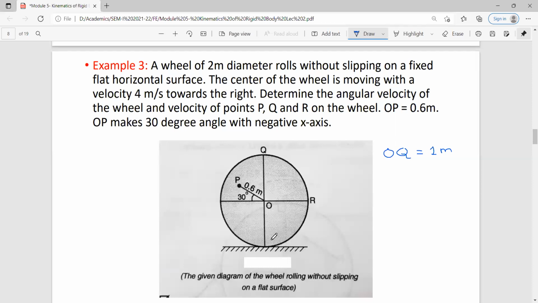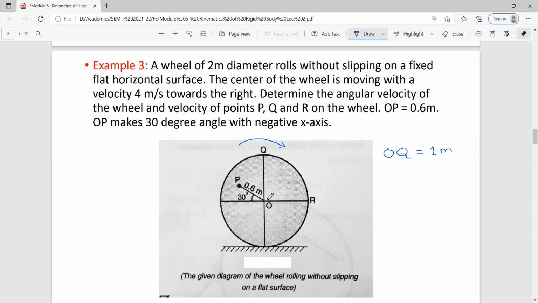Okay, not slipping means what? That its point of contact is not changing. But it is not slipping, it is rolling. The motion is like this. The wheel is rolling without slipping. The center of the wheel is moving with a velocity of 4 meter per second towards the right.